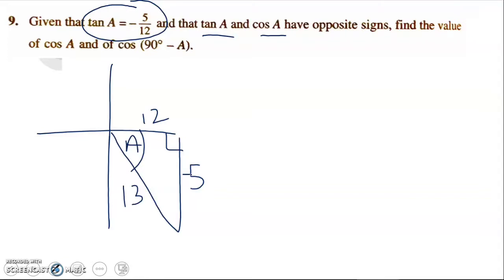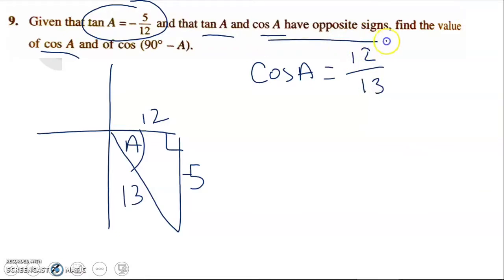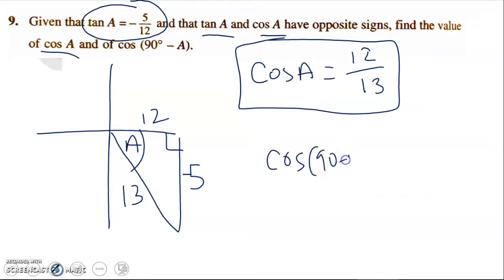Okay. It does ask us cosine 90 minus A, but let's find out what cosine A is first. Find the value of cosine A. That will end up being adjacent over hypotenuse, which is 12 over 13. Cosine 90 minus A. Okay.